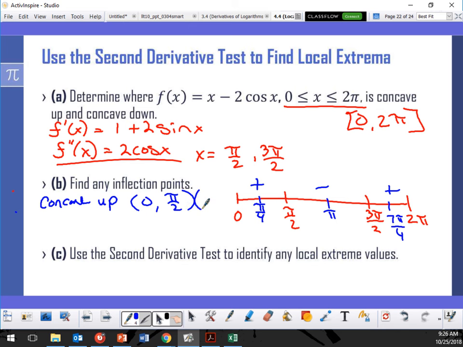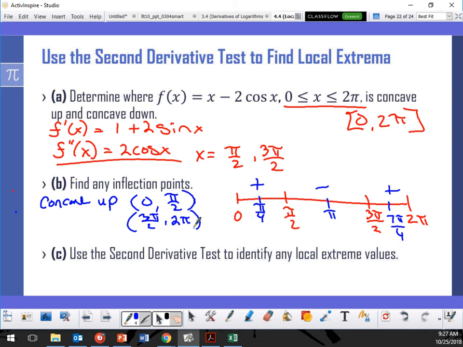And again, I didn't give myself enough room. So it's going to be 3 pi halves to 2 pi.